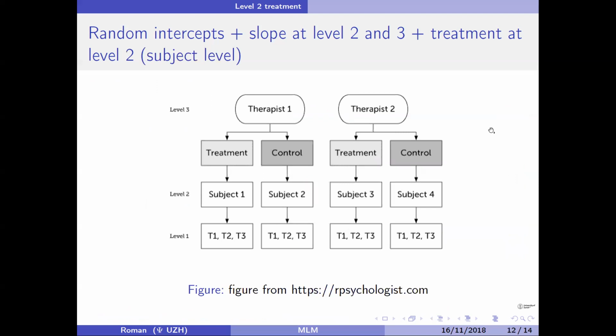Okay, great. So we could also have a situation where the therapist could be doing both a treatment and a control. So therapist 1 in this situation is providing a treatment condition, DBT, to subject 1, and the control condition to subject 2.